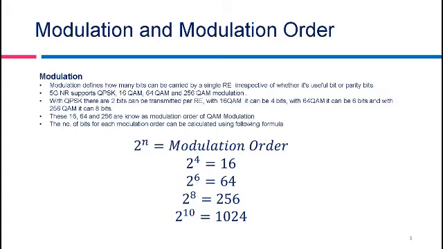This n represents the number of bits. 2 raised to power 6 equals 64, meaning 64 QAM, 6 bits. 2 raised to power 8 equals 256. And 2 raised to power 10 is 1024. So if we say QAM order is 1024, it means one resource element can carry 10 bits.